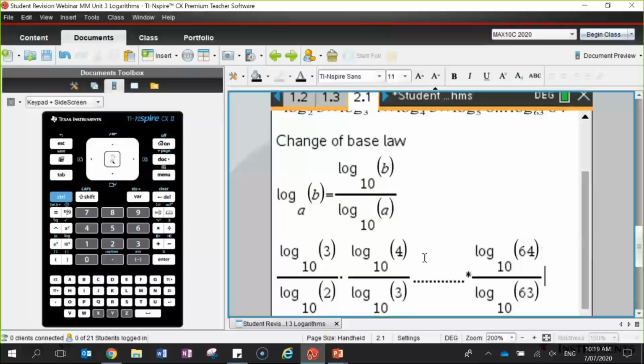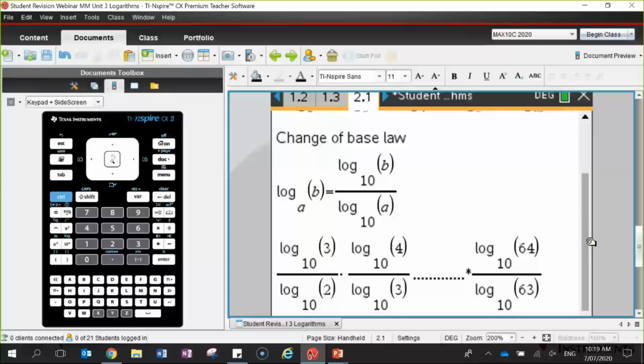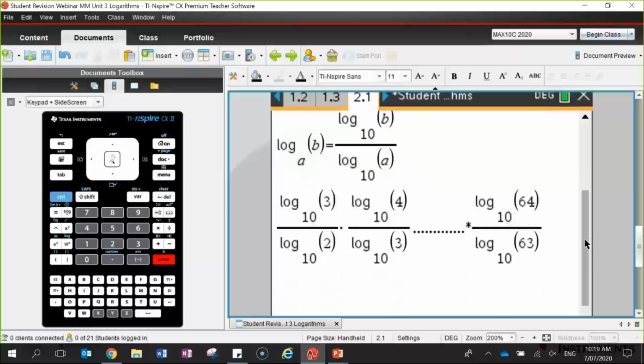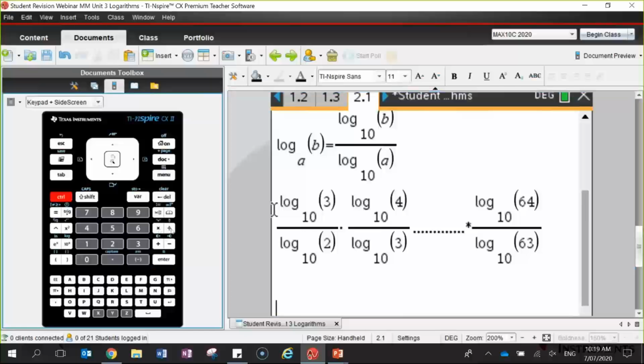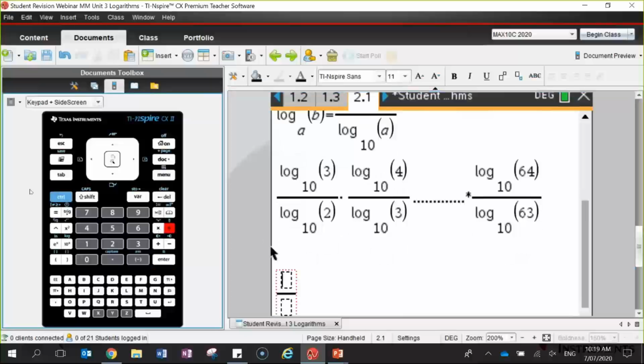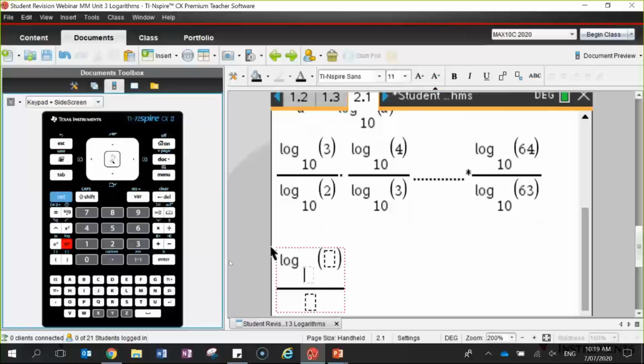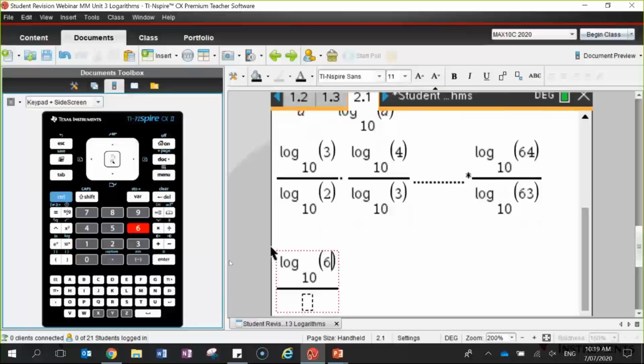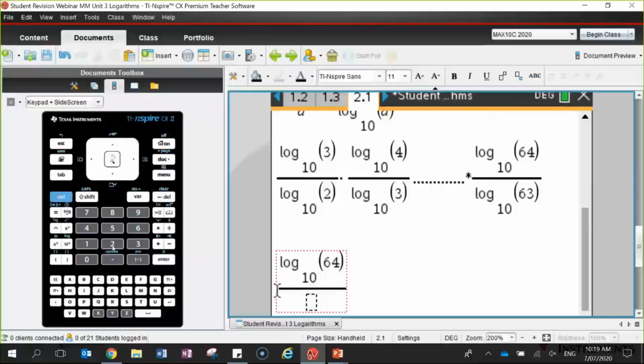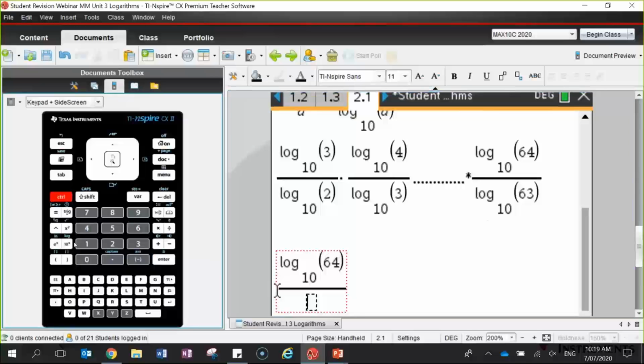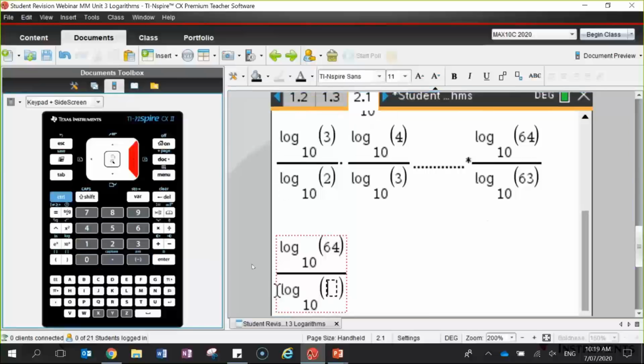What is happening is that each numerator cancels with the following denominator all the way along until we get to our final stage where we cancel everything, and we are then just left with the basic fraction that has a numerator of log base 10 of 64, and a denominator of log base 10 of 2.